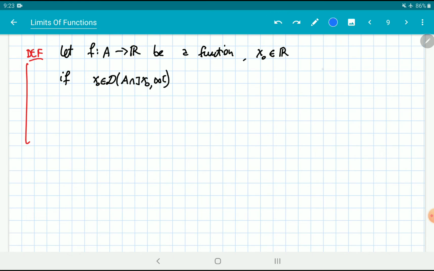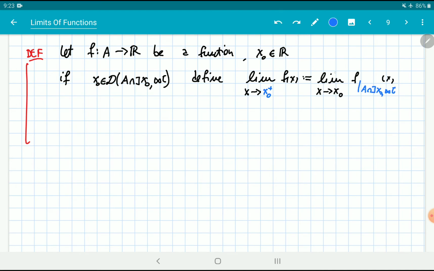So if x naught is an accumulation point of the set given by the intersection of A and the interval x naught infinity, then we define the limit of f of x as x approaches x0 plus, or from the right, to be the limit as x approaches x naught of the restriction of f to this interval, A intersection x naught infinity. In particular, this means I'm only looking at x's that are greater than x naught. That's why the notation x approaches x naught plus.